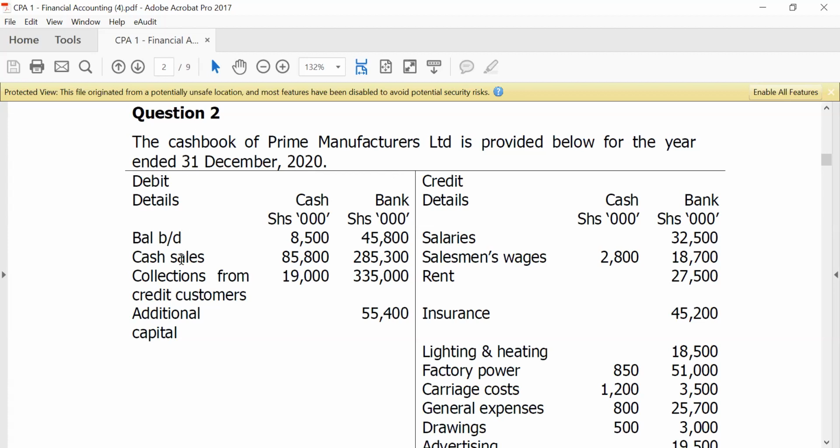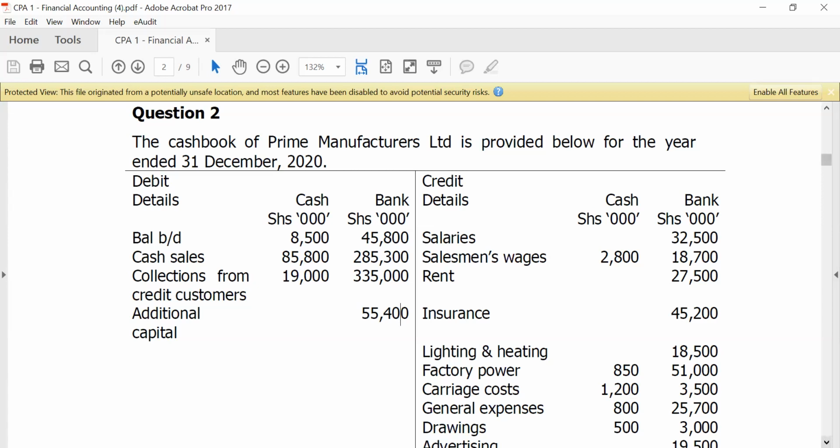So we can see cash sales: we have something in the cash and something in the bank. Collections from credit customers: we have something in the cash and also something in the bank. Then we have additional capital, which came through the bank. On the credit side, we have salaries, salesmen's wages, rent, insurance, lighting and heating, factory power, carriage costs, and general expenses.